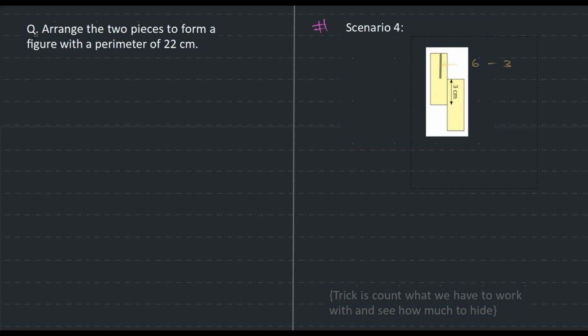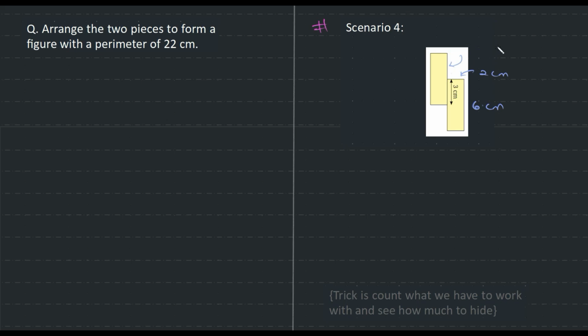Okay, let me erase all of this. Now let me rewrite. This entire length is 6 centimeter. This is 2 centimeter. This length is 3 centimeter.